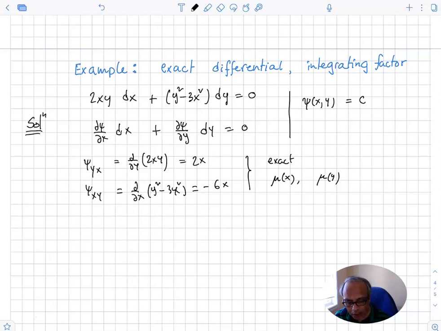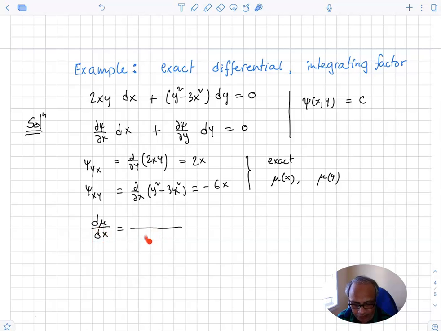So what you do is you look for an equation for mu. You say d mu dx equals, so you construct a fraction, where in the denominator, on the left hand side it is d mu dx, and this dx tells you what could be here.